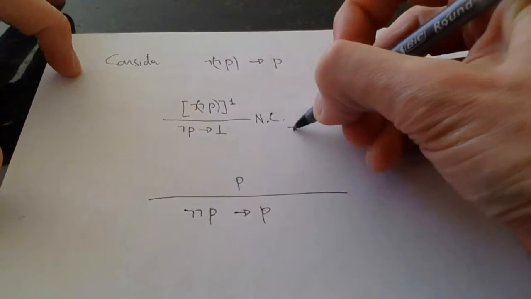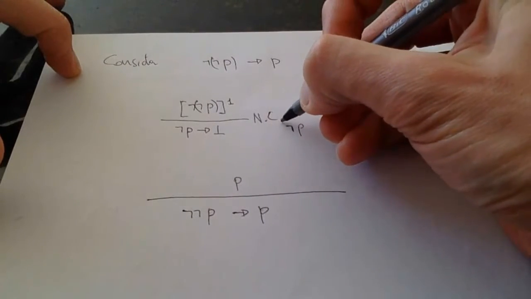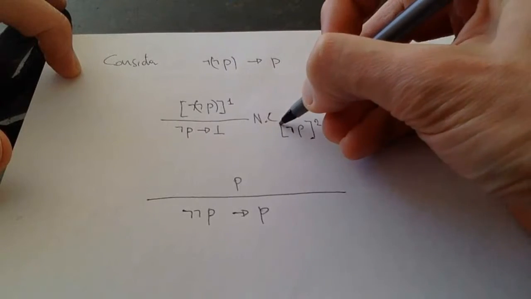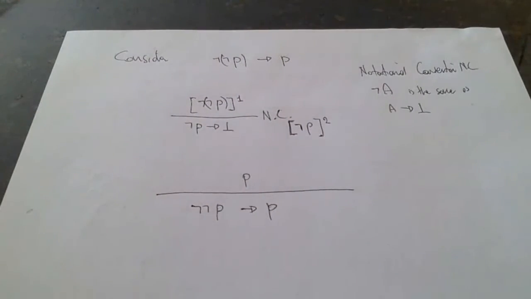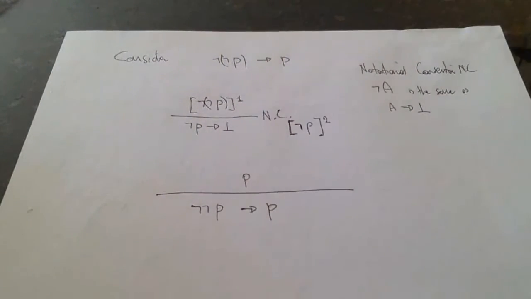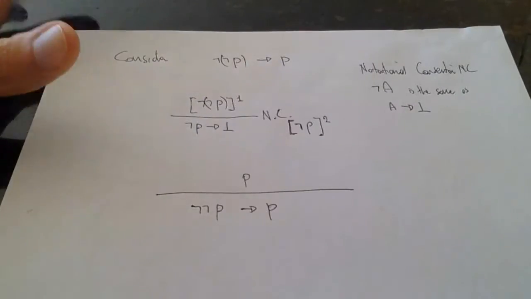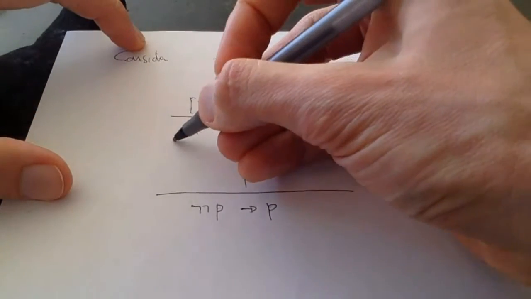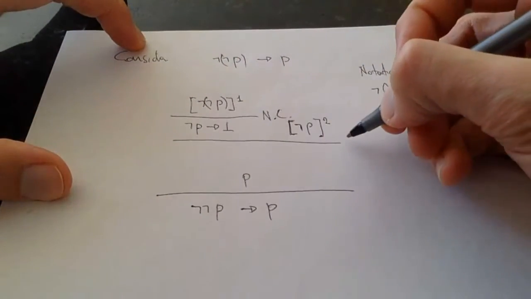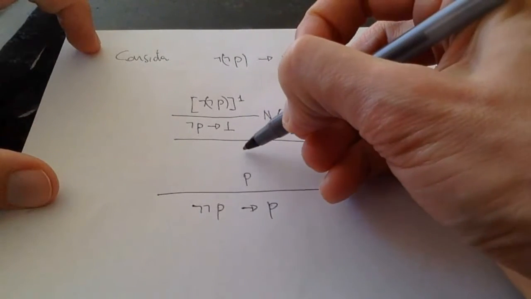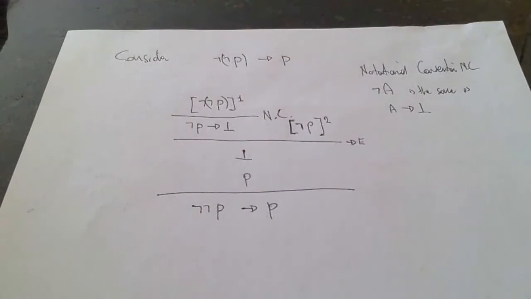Suppose I assume not P, and why I assume not P will be clear in a second. I call this assumption number 2. I have not P implies the contradiction, and I have not P, which I just assumed, apparently with no reason, but it'll become clear in a second. Just try things out. I can put these two things together with implication elimination and get the contradiction. All right, I got the contradiction.